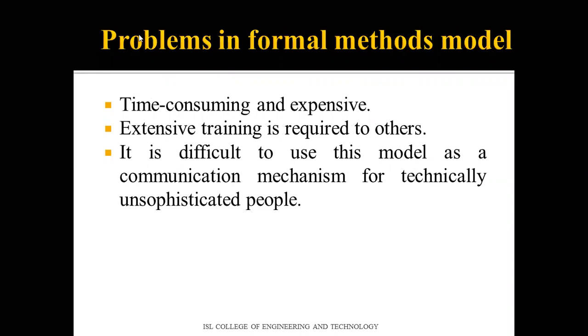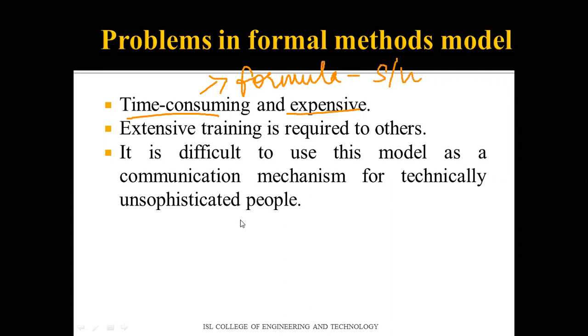Next is, what are the different problems in formal methods model? Now this formal methods model is time consuming and expensive. Now why is it time consuming? Because you cannot use the same formula for all the software, or some specific tools that you're using might not work well with some specific formula. You need to derive the entire derivation.